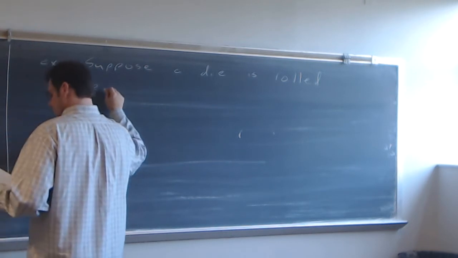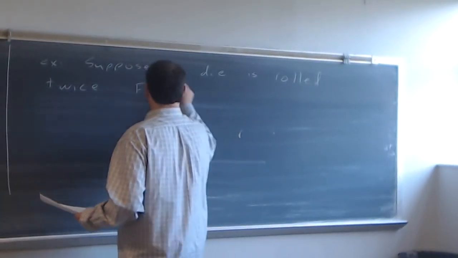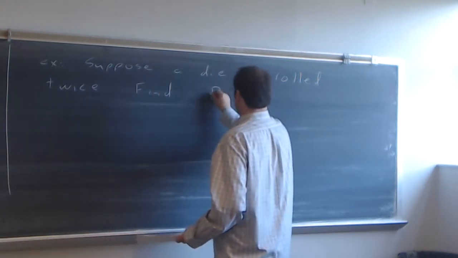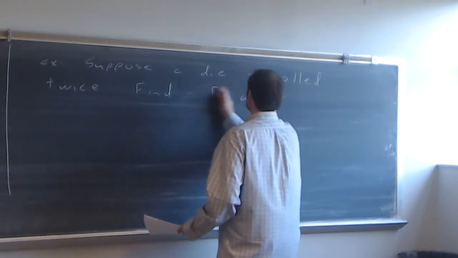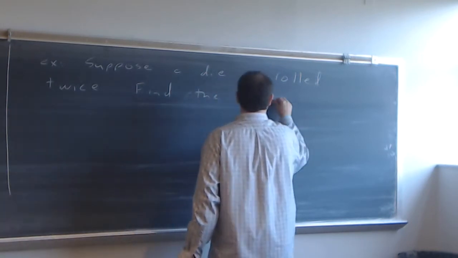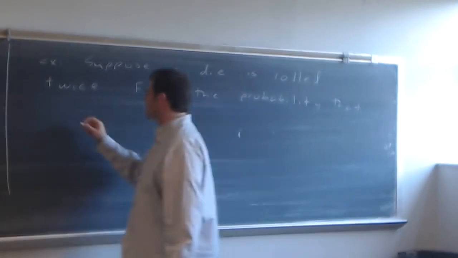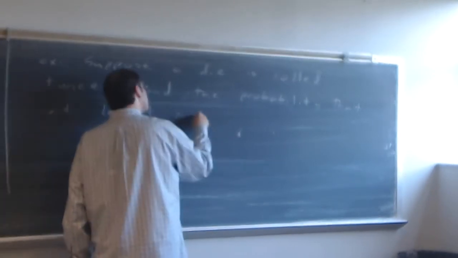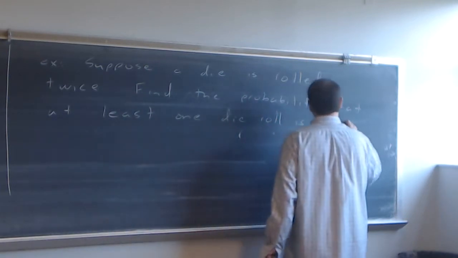The question is, find the probability that at least one die roll is even.